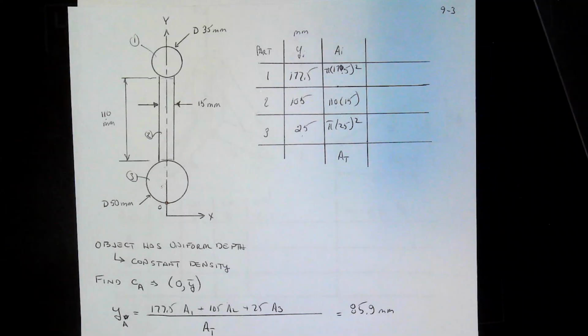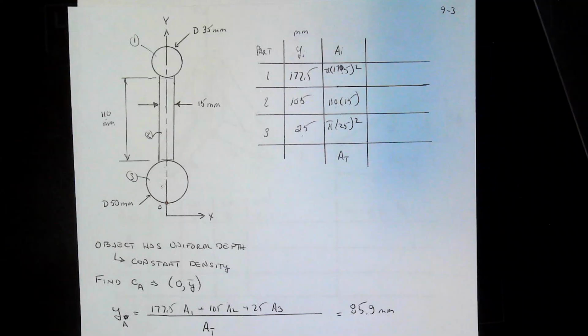The only thing we don't know is the z part, because we don't know the depth, but that'll just be halfway. So find CA, but we know that's going to be 0 and then some y component. That's what we're looking for.